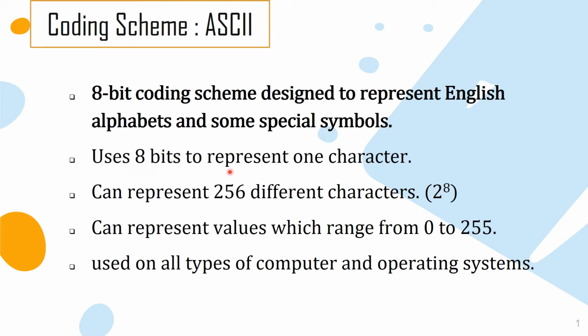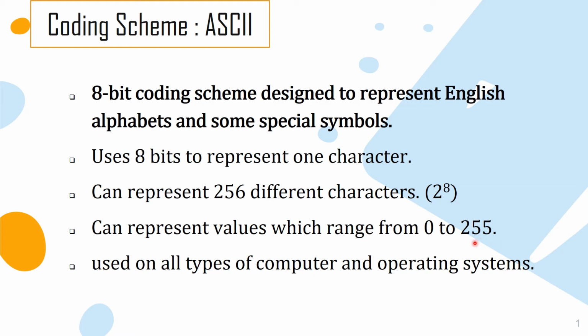ASCII uses 8 bits to represent one character, and the total of characters that ASCII can represent is 256 characters. It comes from the equation 2 to the power of 8. So the ASCII value is ranged from 0 to 255.